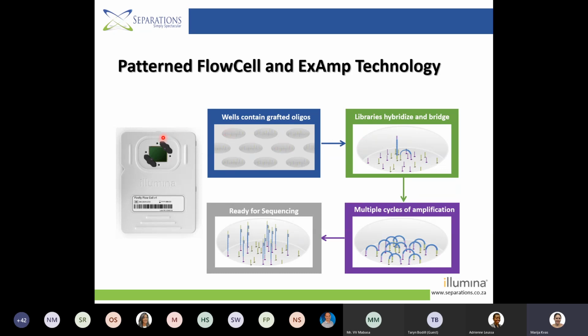So once the library is flushed through the flow cell, the library will bind to the nanowells of the flow cell, and the XM technology will ensure that they are hybridized and that they form a bridge amplification, and that we have a clonal amplification of our library, which is then ready for sequencing.